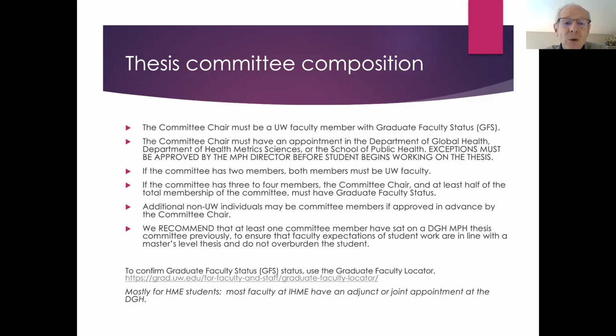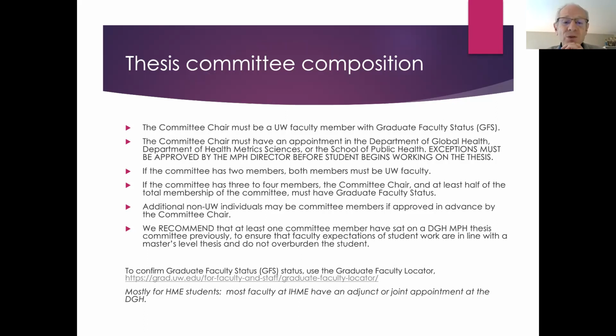The committee chair must have an appointment in the Department of Global Health, the Department of Health Metrics Sciences, or the School of Public Health. Exceptions must be approved by the MPH director before a student begins working on the thesis. So if the person that you are approaching to be your thesis director has an appointment in Global Health, Health Metrics, or the School of Public Health, you're good. Otherwise, let us know to do what is necessary.